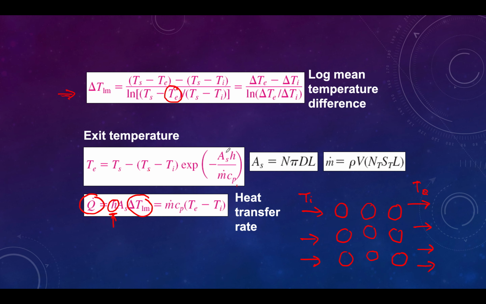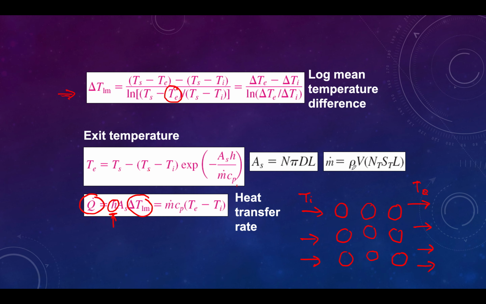Okay, As is N times pi D L. Pi D L is the surface area for a tube, times the number of tubes.